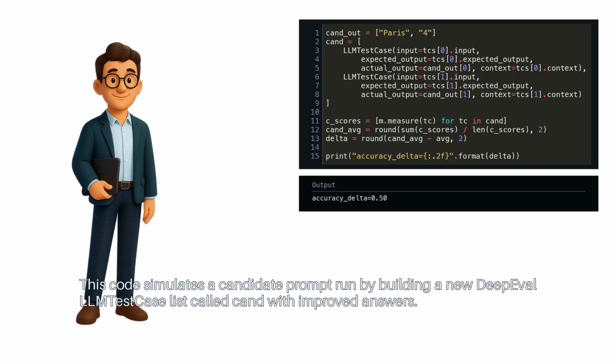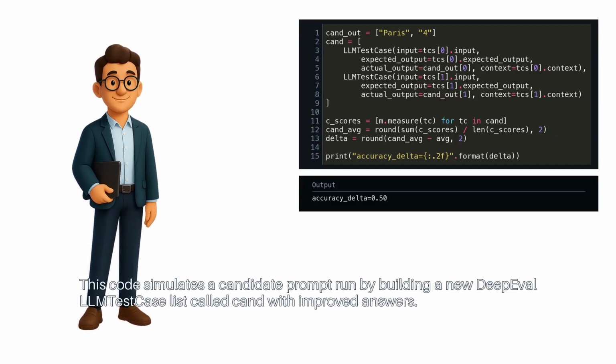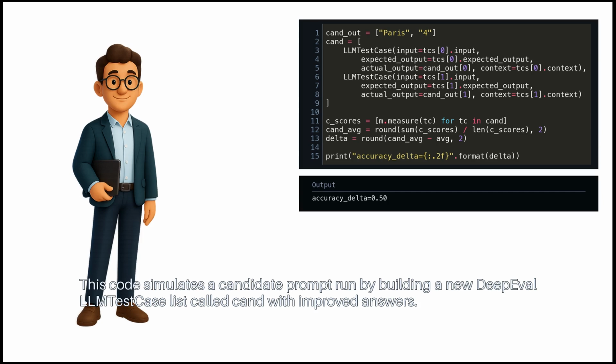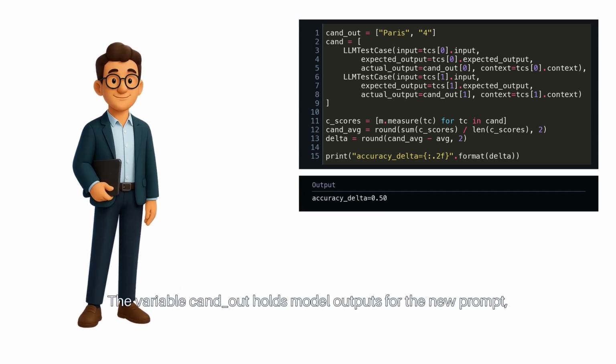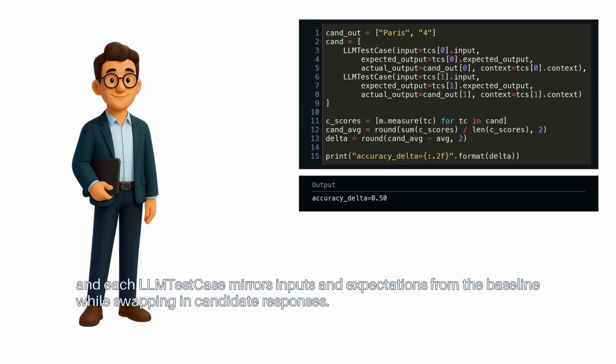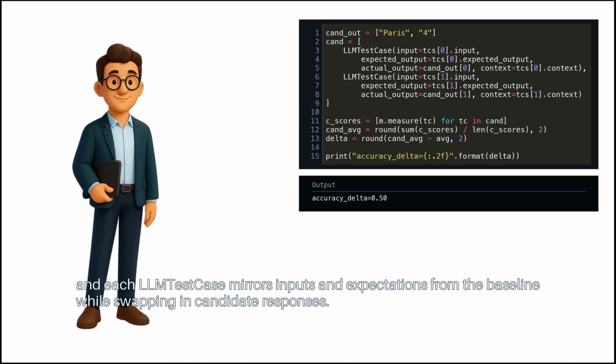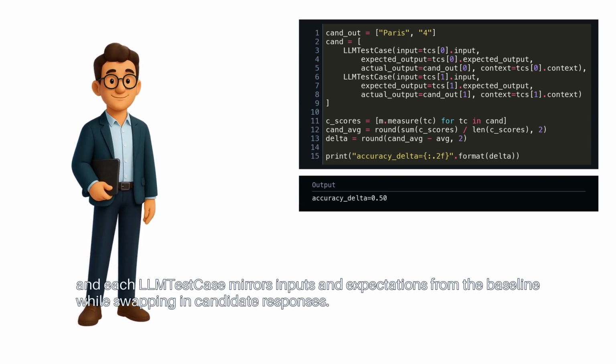This code simulates a candidate prompt run by building a new DeepEval LLMTestCase list called canned with improved answers. The variable canned_out holds model outputs for the new prompt, and each LLMTestCase mirrors inputs and expectations from the baseline, while swapping in candidate responses.